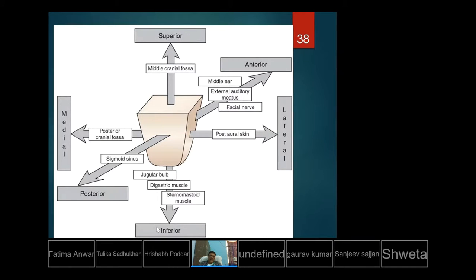In this picture, we can see the different relations of the mastoid antrum. The superior relation is the middle cranial fossa, already discussed, and rarely related with the middle ear, external acoustic meatus, facial nerve, and postauricular skin.